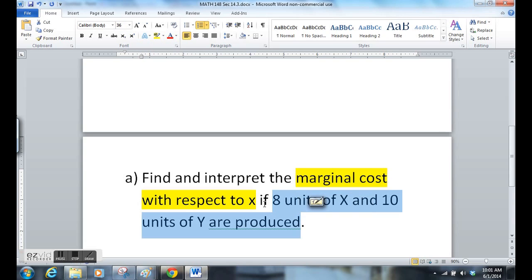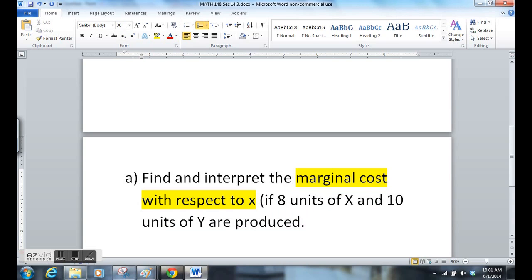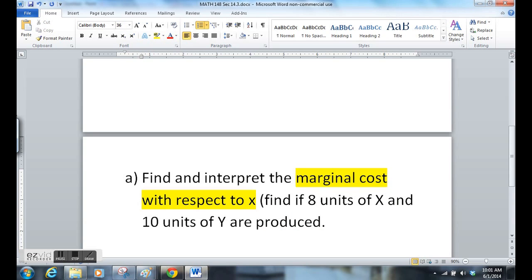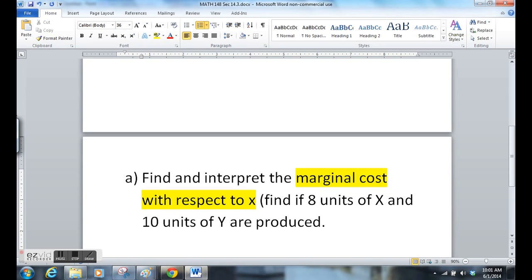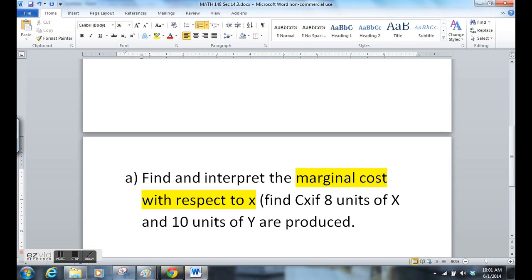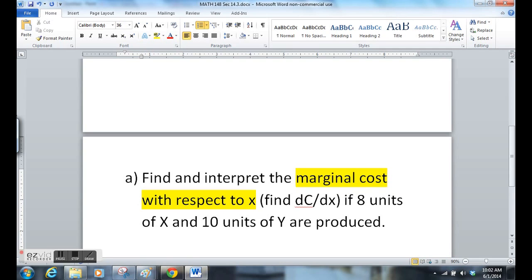Remember this first part here in yellow was find the marginal cost, or think of it like this, c sub x, the derivative in terms of x, or dc dx. That's not math type, but anyway, the first part here is finding the derivative.